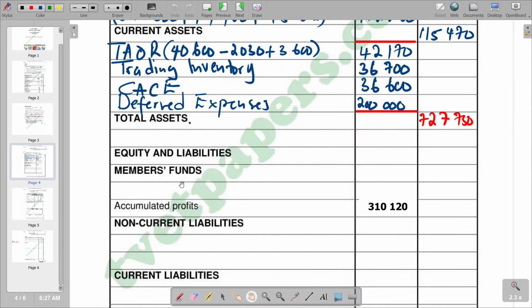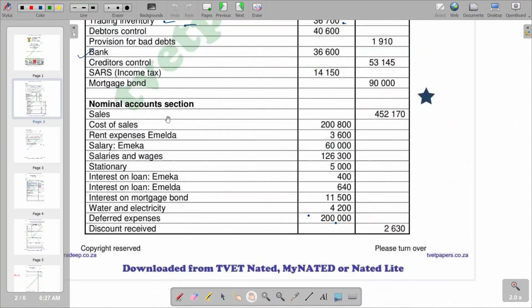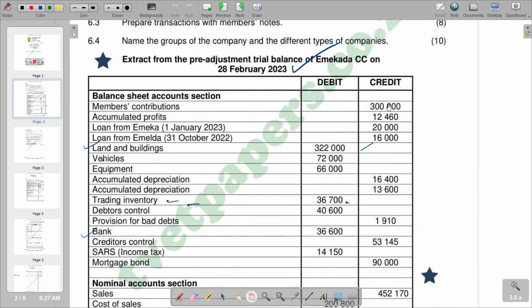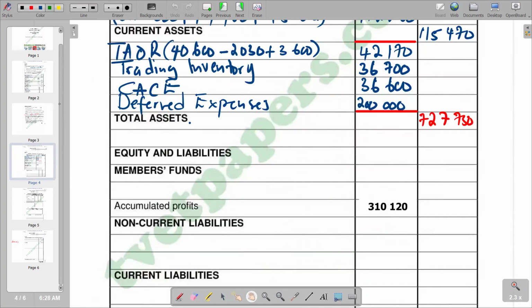We're also going to check the figure for members' contributions. If you go to the pre-adjustment trial balance, you see that members' contributions, you're given 300,000. So we are saying here we've got members' contributions, and the figure that we have is 300,000.